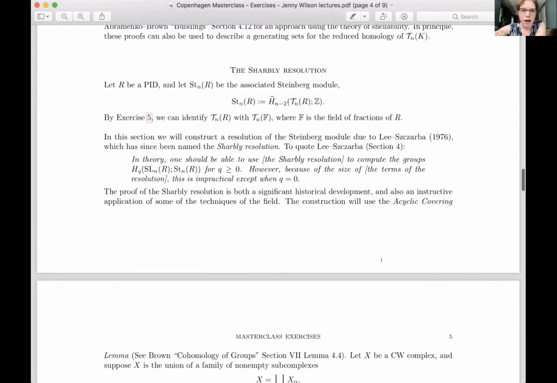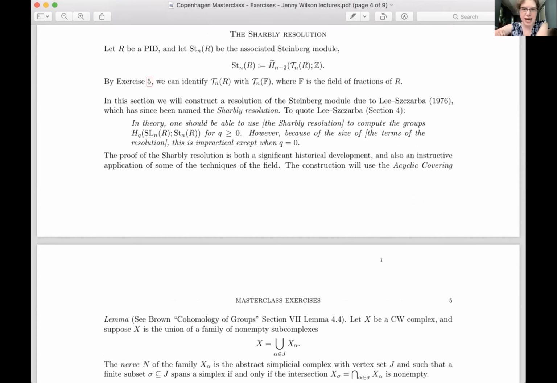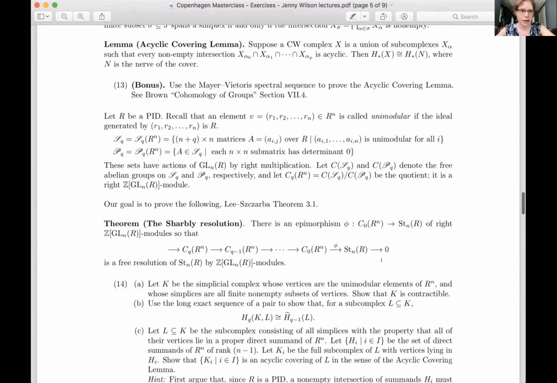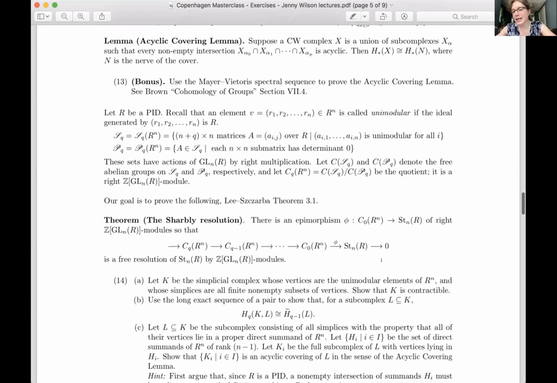Okay. The next exercise sequence is on constructing the Charney resolution, which is this resolution of the Steinberg module that was originally constructed by Lee and Szczarba in their proof that the coinvariants vanish when R is a Euclidean ring. This is also essentially an exercise in working with simplicial complexes.